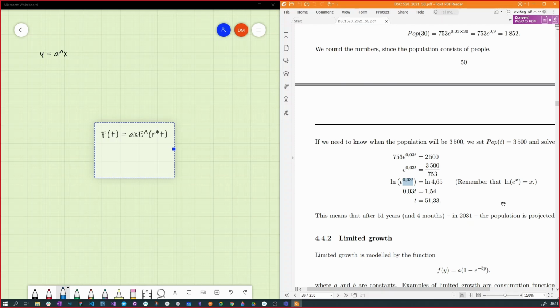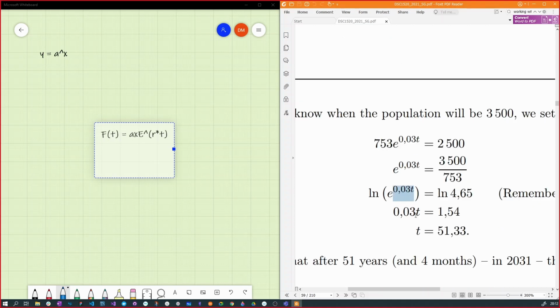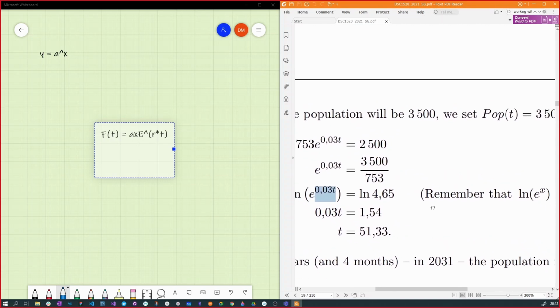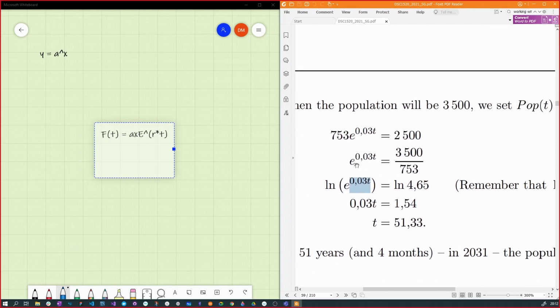Now, a rule that I forgot but became very apparent to me when I was trying to figure out what is actually going on here is the fact that the log of Euler's number to any power equals that power. So the log of Euler's number to the power of x always equals x, which is why it is very useful to use this strategy when trying to find t in this case.